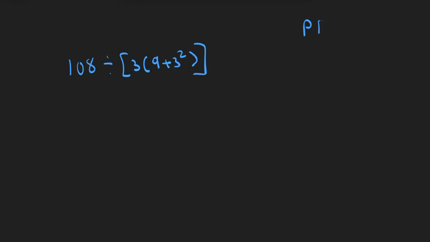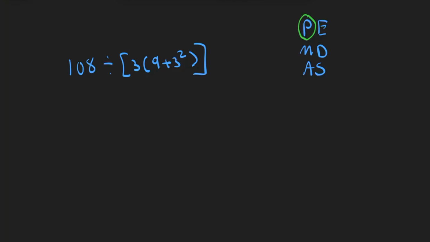Please excuse my dear Aunt Sally. Step 1, parentheses. So here we have this parenthesis here, 9 plus 3 squared. And we also have the bigger parentheses that enclose it, which is 3 times that. You are always going to want to start with the smallest, the most inside parentheses.